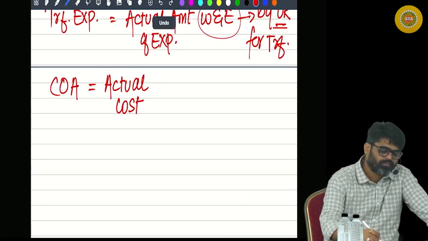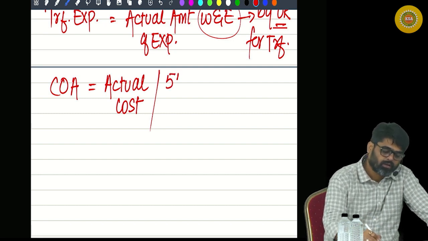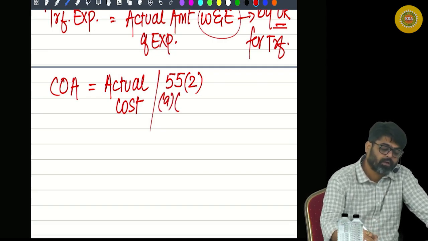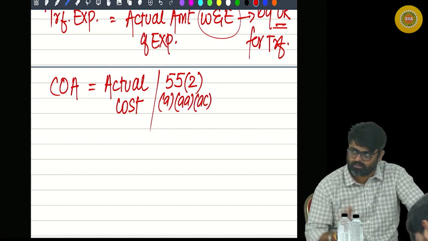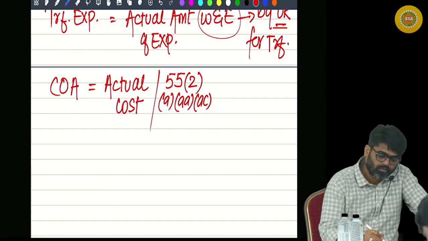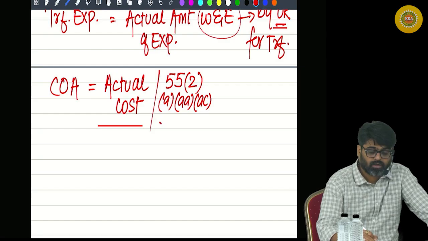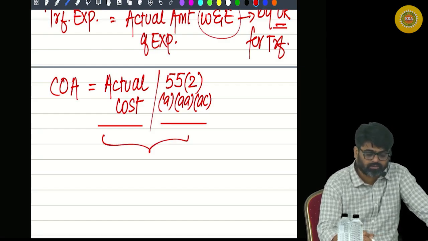Or you will take cost which is given in 55(2), clause A, clause AA or AC. That's it. Okay. Now whether the actual cost is there, or you are taking cost as per 55(2), in both the cases you get an option.